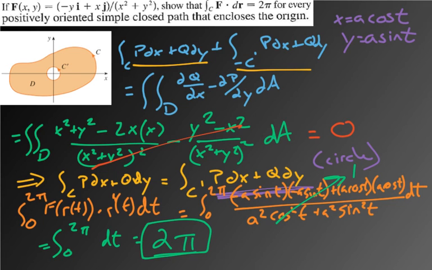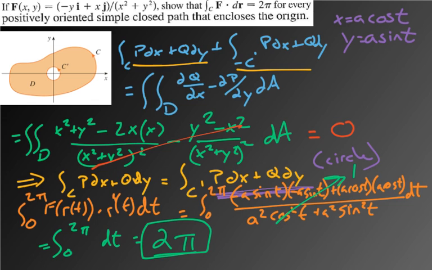Basically, to recap, we took an arbitrarily small circle, where a is basically 0, and C is an arbitrary path that encloses the origin. We added together these two to get the whole region D, whatever it looks like.